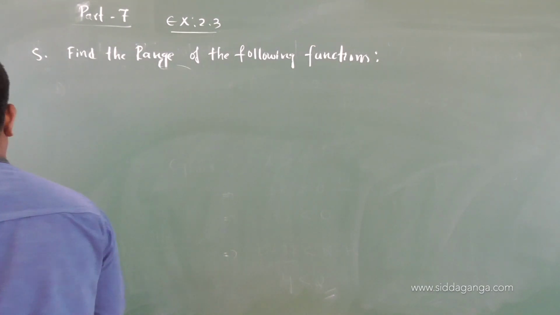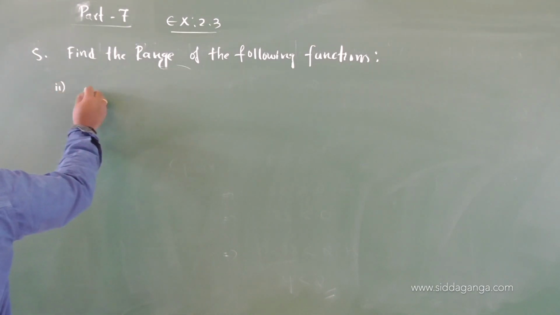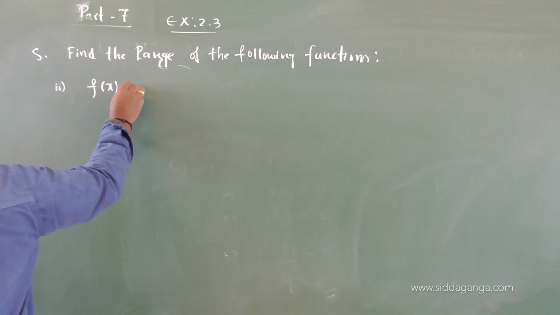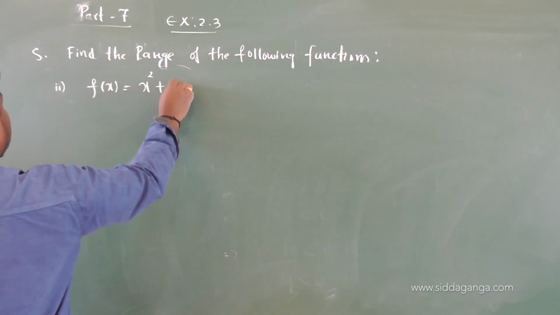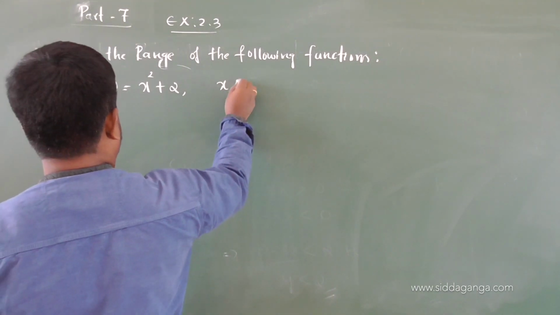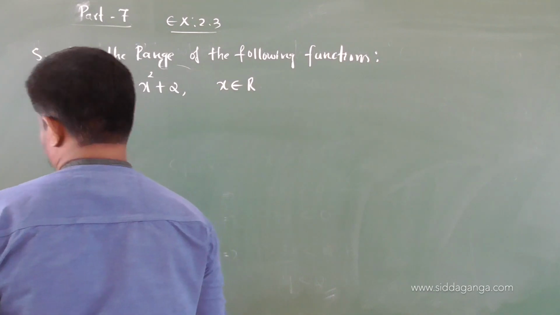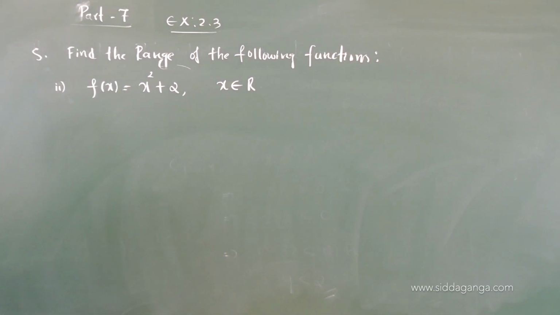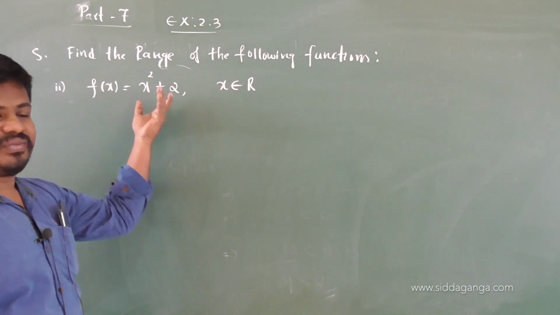The second one is f of x is equal to x square plus 2, x is a real number. You mean the domain of this function is the set of all real numbers, because this function is defined for all real numbers. Whatever you substitute in place of x, it is defined for any value of x.